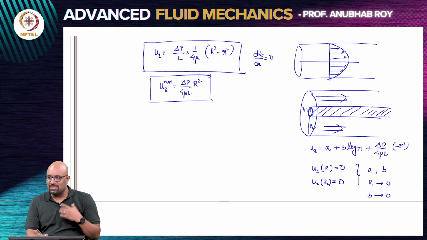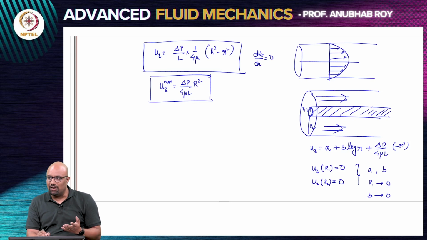It just takes a little bit more time and a little bit more algebra, because now you have to actually solve two algebraic equations and find what A and B are. A and B will be in terms of R1 and R2, and then when you let R1 go to 0 while holding R2 fixed, you are going to obtain a velocity profile that has no log dependence. So, this is a second way of getting it mathematically.